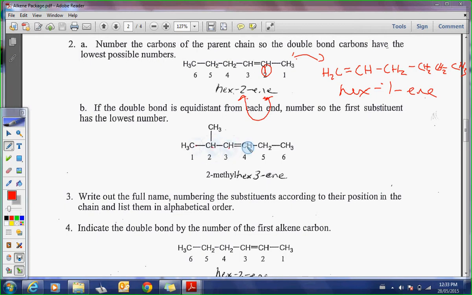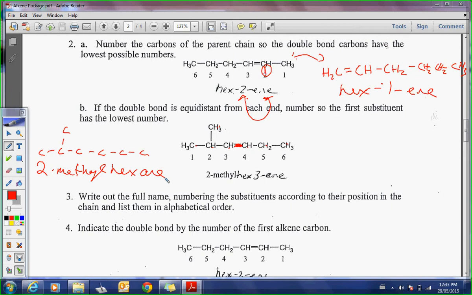So this one, 1, 2, 3, 4, 5, 6, that one above. Let's just, for a review, what if that was just a normal single bond, and we just had 1, 2, 3, 4, 5, 6, that thing there. What is this named? 2-methylhexane.